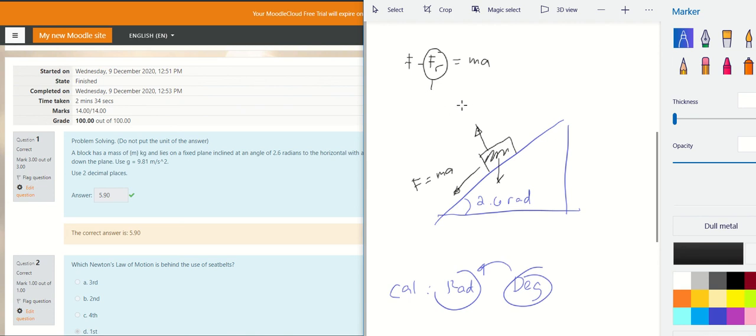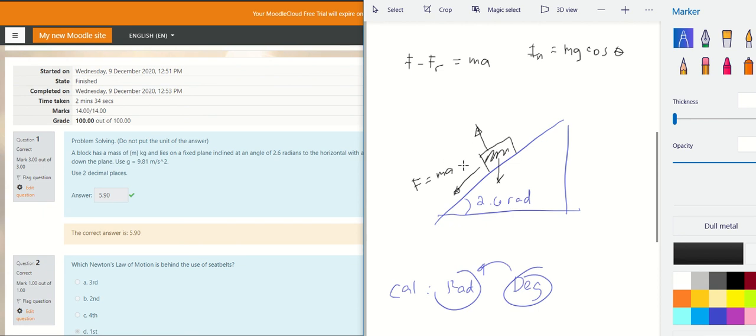Always remember that the normal force is equivalent to mass times g, but since this is an inclined plane, we multiply it by the cosine of angle theta. That's the normal force.